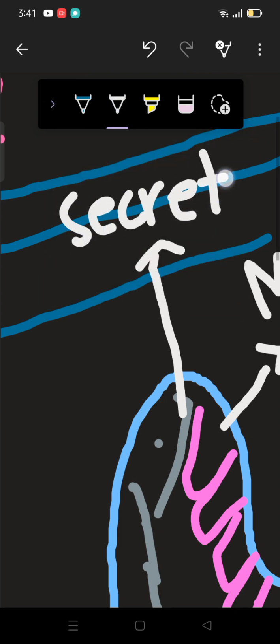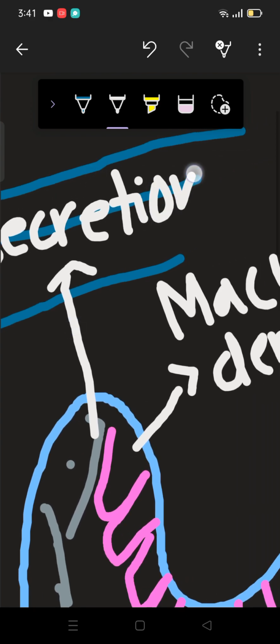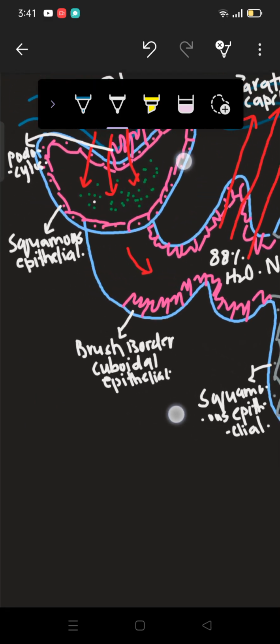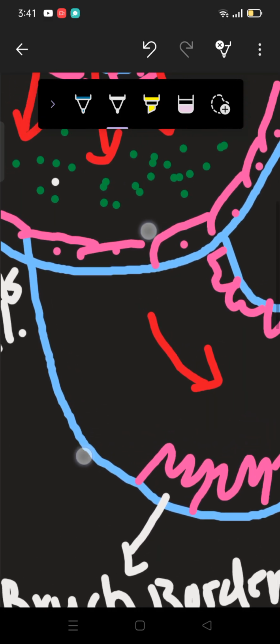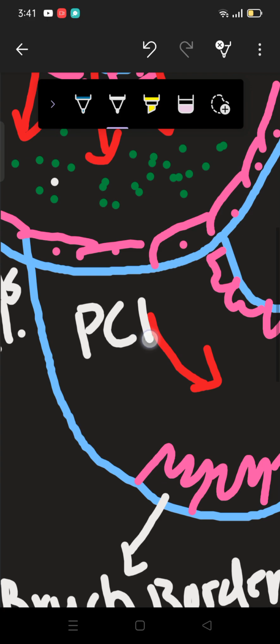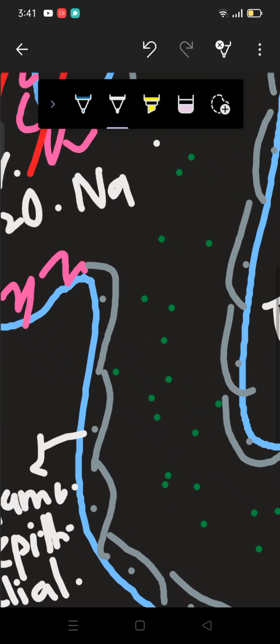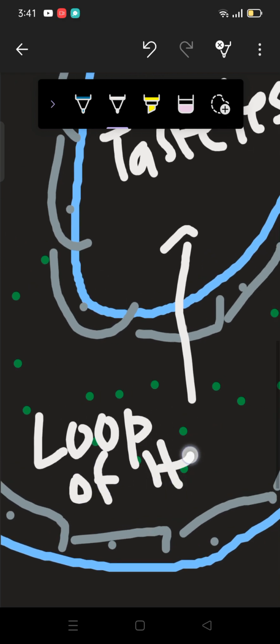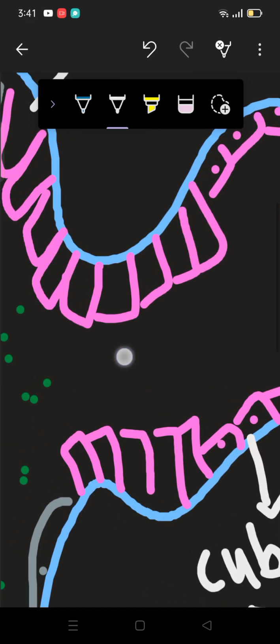Now I'm going to make another diagram of the nephron secretion. All right, so first of all I should write here, this is PCT, then this is loop of Henle. This is DCT, which is distal convoluted tubule.